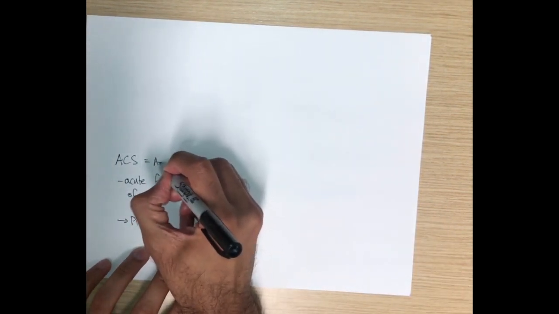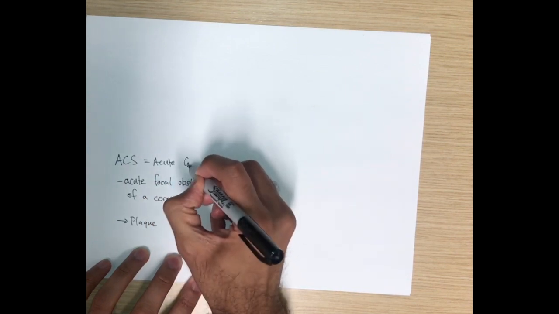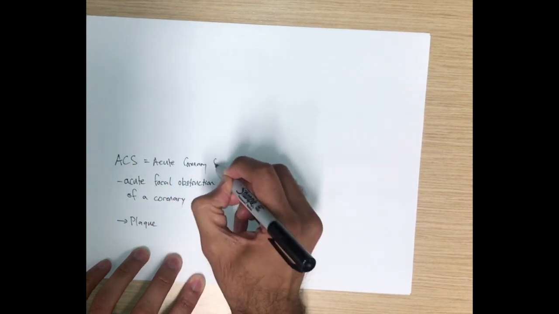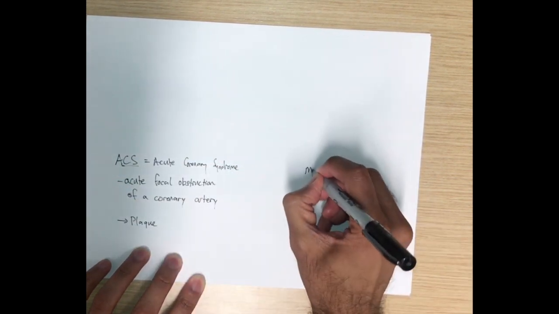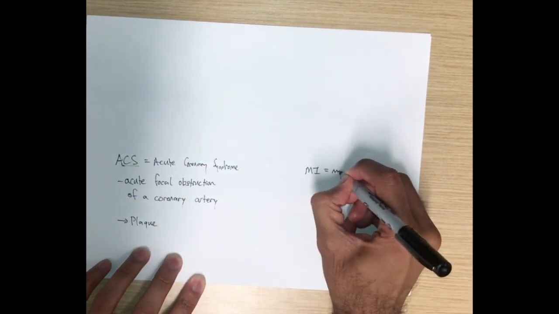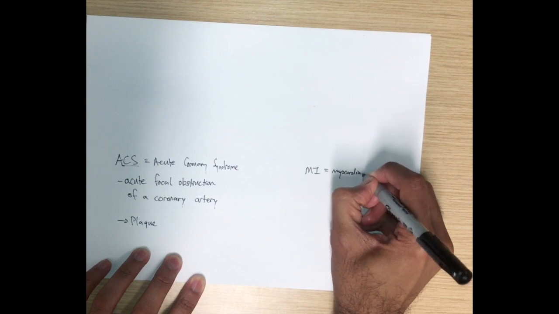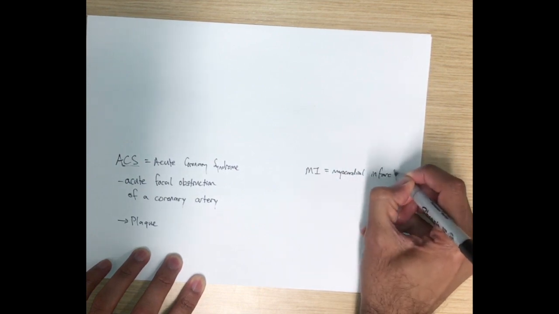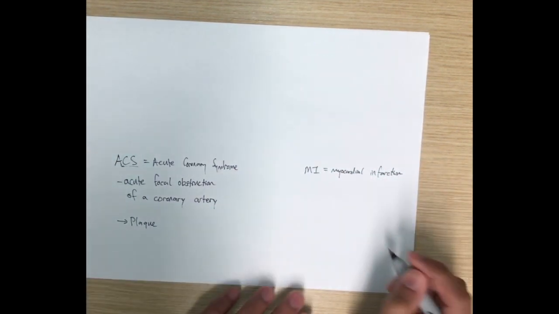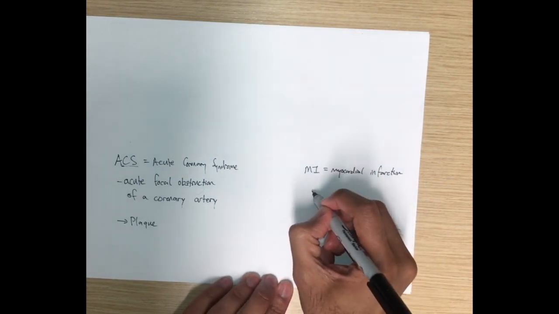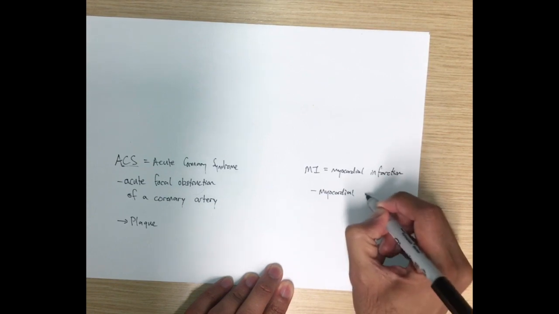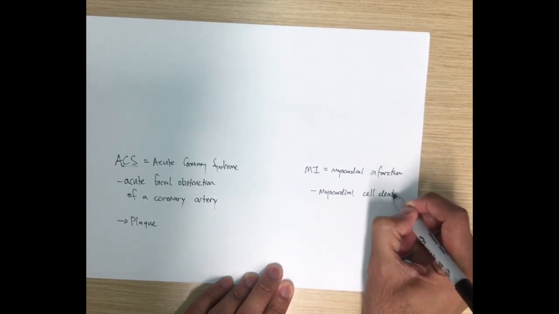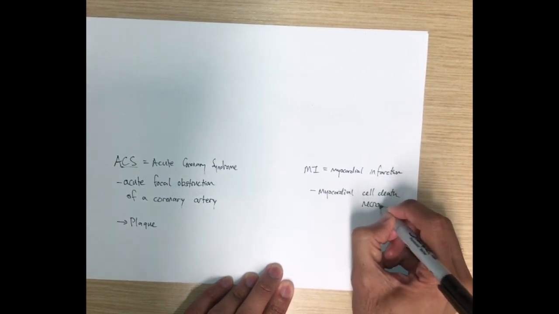And I should write on here, this is acute coronary syndrome. Now, this is different from an MI. MI is myocardial infarction. And really what myocardial infarction is, it is myocardial cell death or myocardial necrosis.